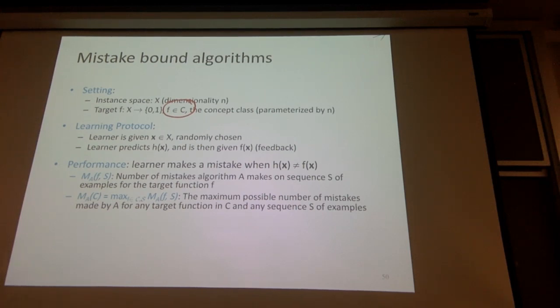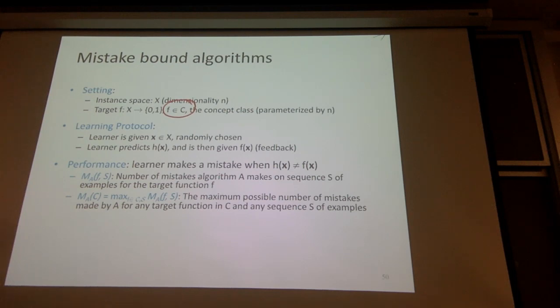We don't know what the function is. Maybe some functions are easy and some functions are hard. So let's assume that we have the most difficult function. We can ask what is the number of mistakes made for a particular sequence on the most difficult function. We could also ask what is the number of mistakes made by this algorithm on the most difficult function for the most difficult set of examples that were presented.